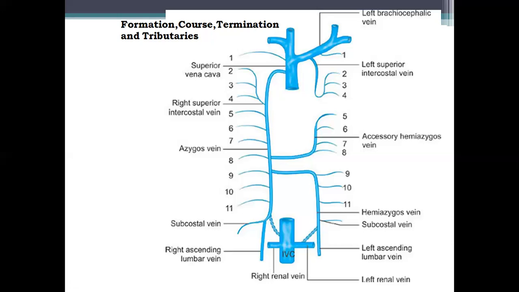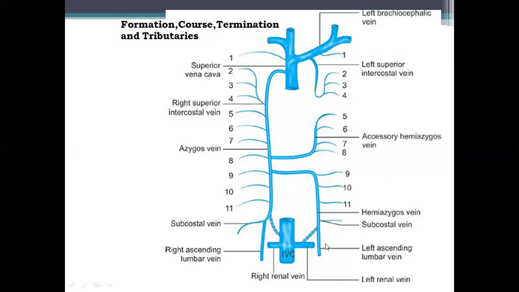Okay. Next, we'll see about the tributaries. Before seeing tributaries, it's better that we see the hemiazygos vein. So what is the hemiazygos vein? What's the formation of the hemiazygos vein? The hemiazygos vein formation is very similar to that of the Azygos vein.